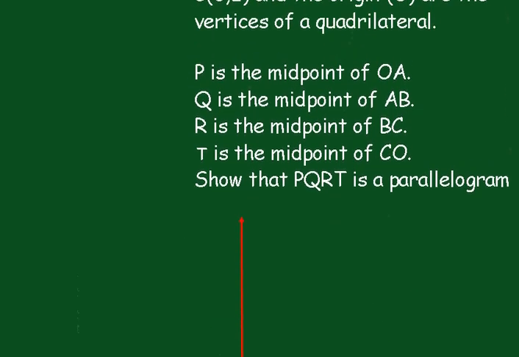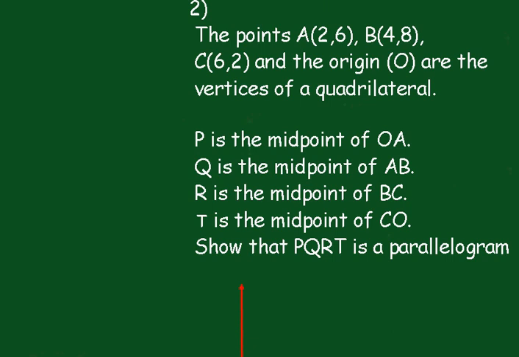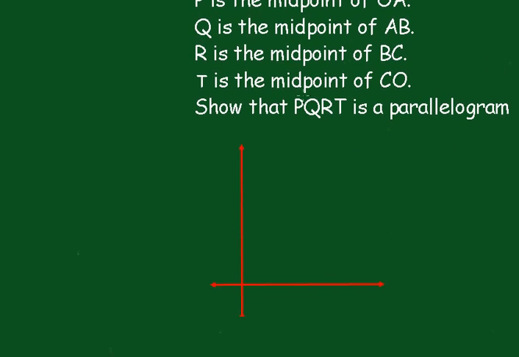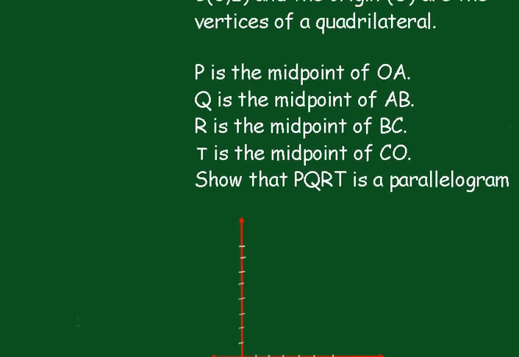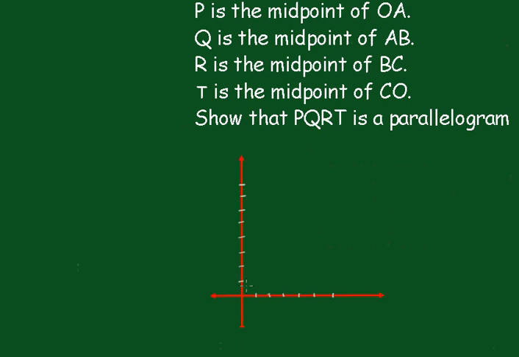Alright, here we go. Now we've got 2, 4, 6. So we go 6 across and we've got to go 8 up, haven't we? 8 is the highest one. Now we have A is (2, 6).